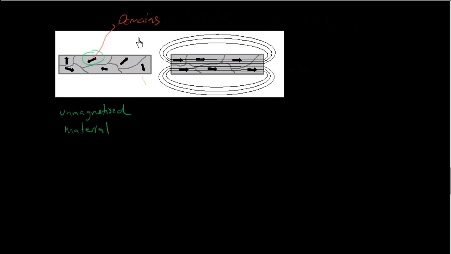So they are large regions where millions and trillions of atoms are pointing in a similar direction, but since these domains are kind of randomly spread out, then the overall effect is that it's not magnetized. But after we apply an external magnetic field, and this is a ferromagnetic material, then this happens. All the domains align, and then you get a permanent magnet even when you switch off the external magnetic field. So this is a magnetized material. Okay.